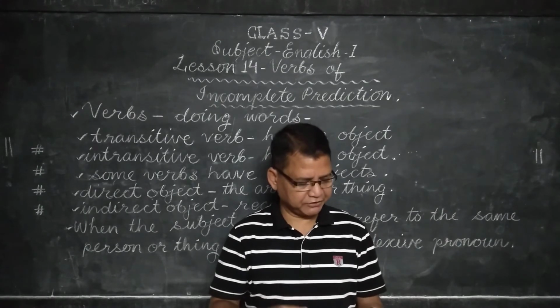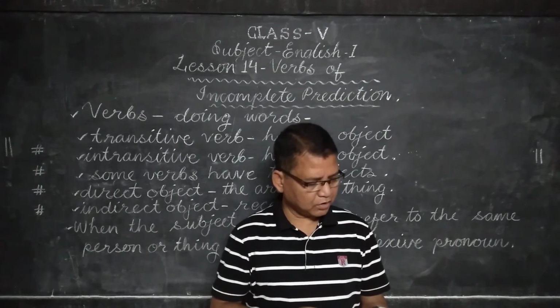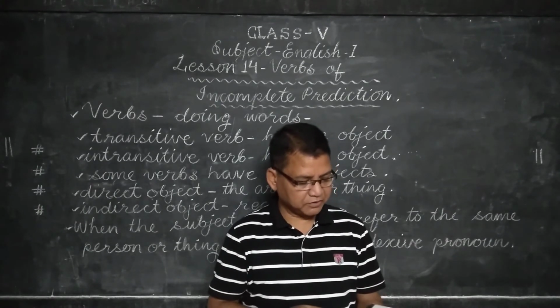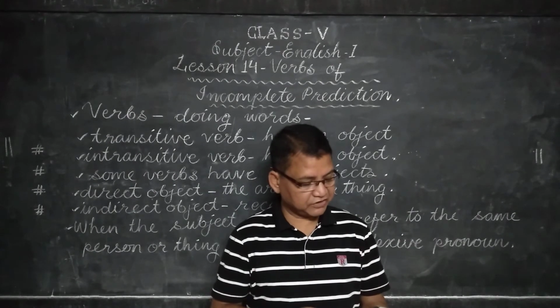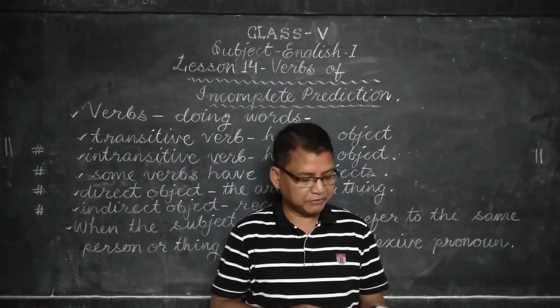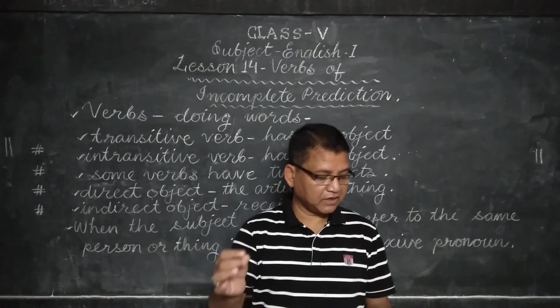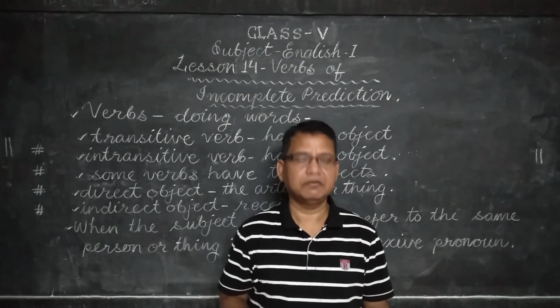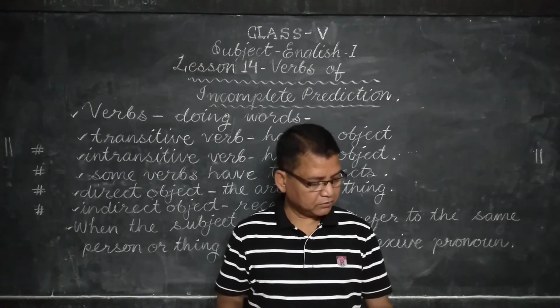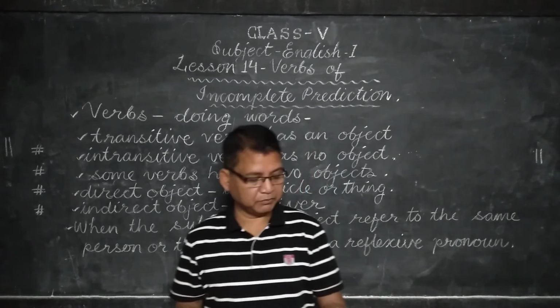Incomplete means not complete. Then the word or group of words which help the transitive verb to complete what it says is known as an objective complement. Listen to the summary.